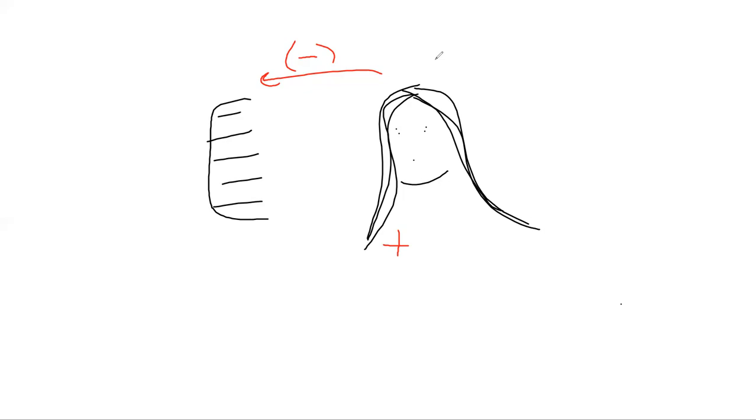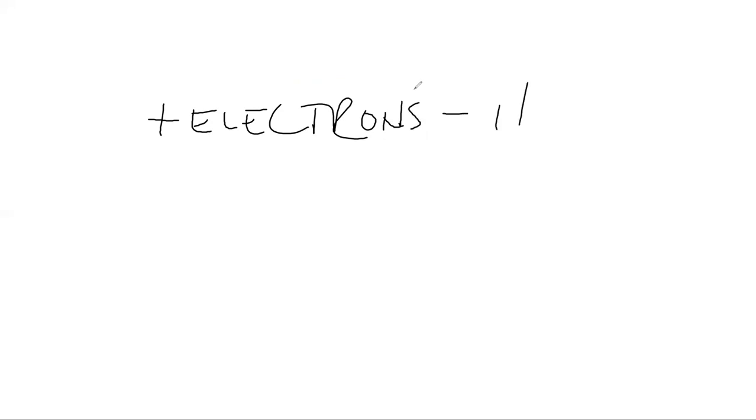Okay, we already talked about the fact that if there's an equal amount of electrons and protons in an atom, we say that it has a neutral charge, and if it has more electrons than protons, we'd say it's a negative ion. Okay, and so adding electrons gives us a negative ion.